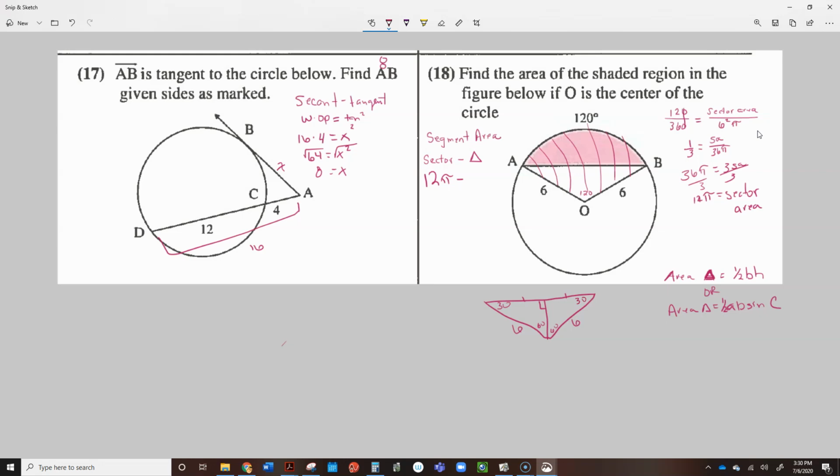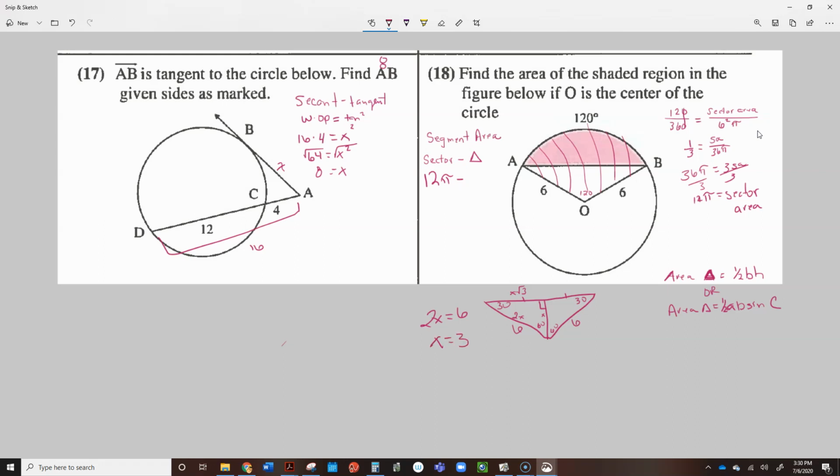So we have a 60-30 triangle now, and we know the hypotenuse. The hypotenuse is 2x. The side across from the 30 is x. And this side right here is x square roots of 3. So I know 2x is equal to 6, because that's the side length that I know, and it's the hypotenuse. So that means x is equal to 3.